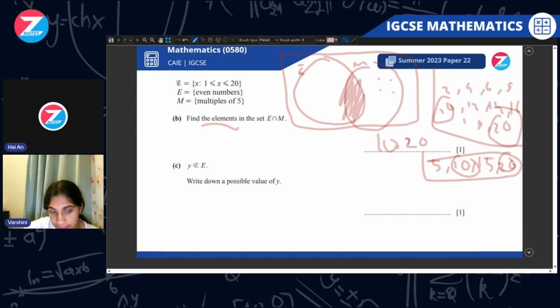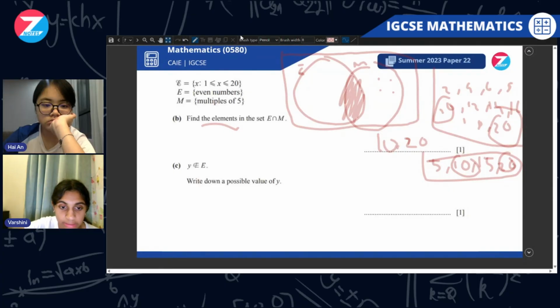Y belongs to E, so we know this is a belongs to sign, and write down a possible value of Y. Okay, no, sorry. Y doesn't belong to E. A belongs to sign is this, and this is a not belongs to sign.